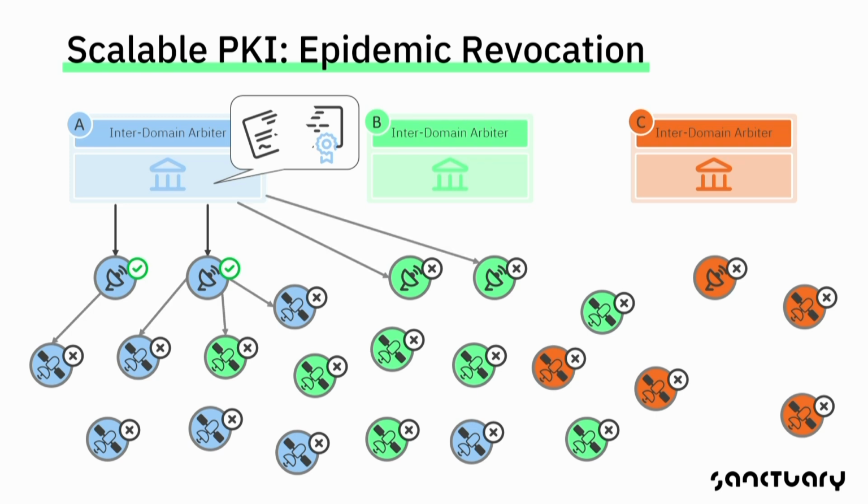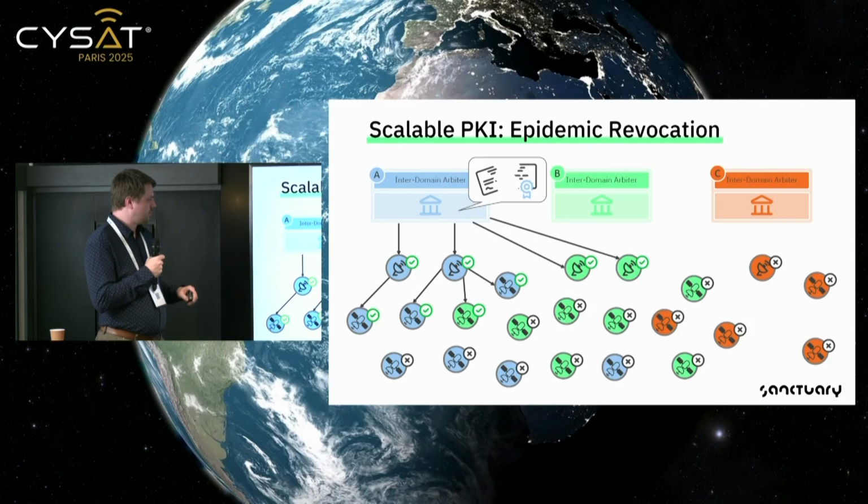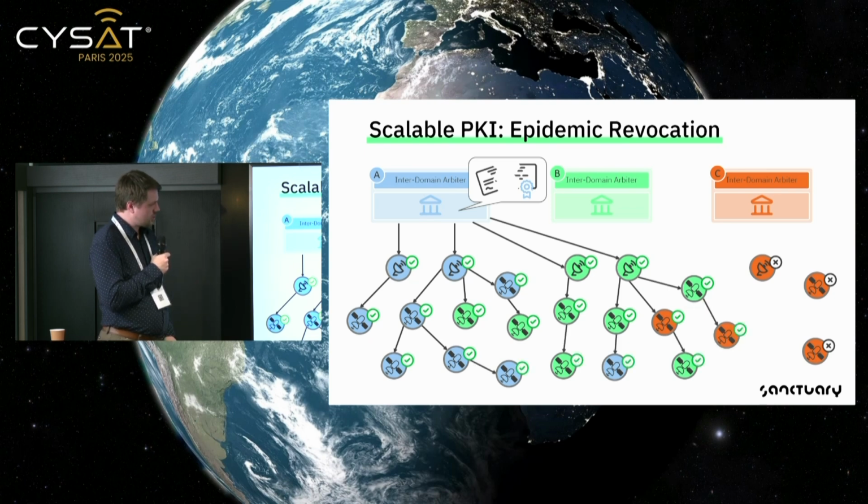But then the revocation information is encoded in a very compact way, so that on every contact message, all principals can exchange this information and get updated. So in a multi-hop manner, the information spreads epidemically in the network, and this leads to a fast, high coverage.